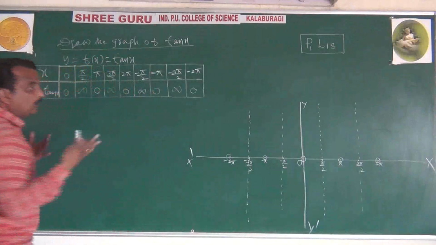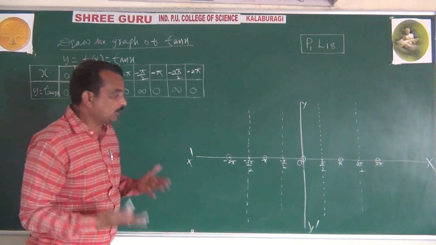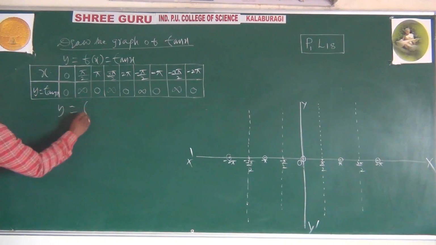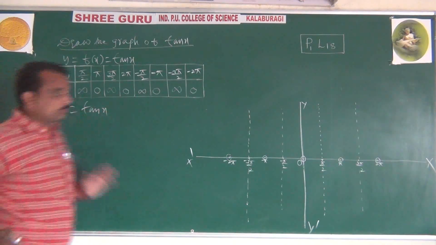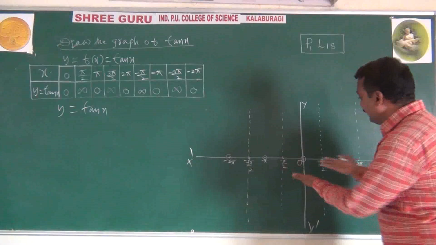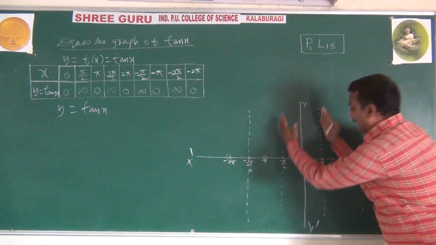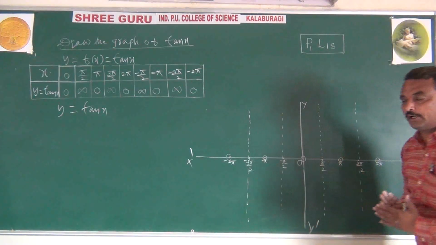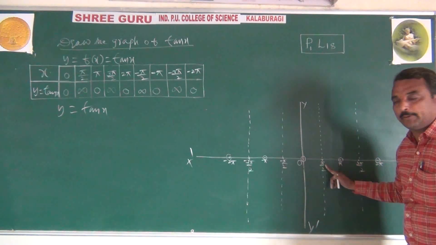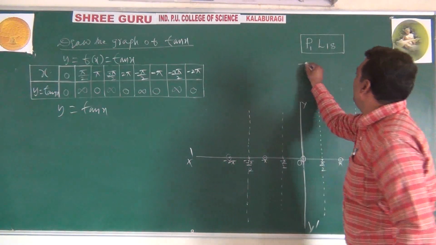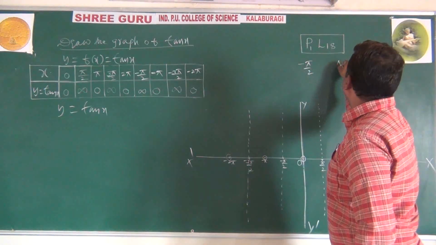Then we have to draw the graph. We have to see what type of graph y equals tan x is. Between the infinity lines, I have chosen this interval, minus pi by 2 to pi by 2. Between these values I will take, friends, minus pi by 2 to plus pi by 2.